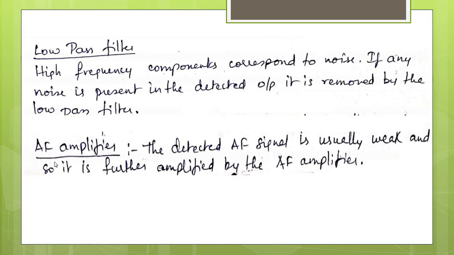Next we have the audio frequency amplifier. The detected audio frequency signal which is coming from the output of the low pass filter is usually very weak. That is, its amplitude is very small. So we use an audio frequency amplifier to further amplify the signal.